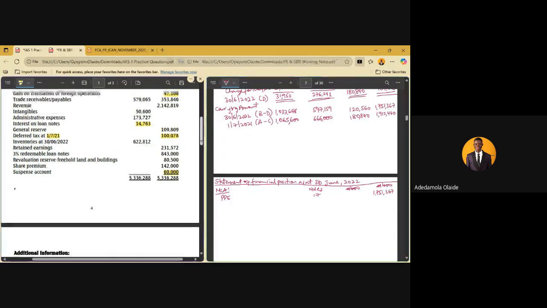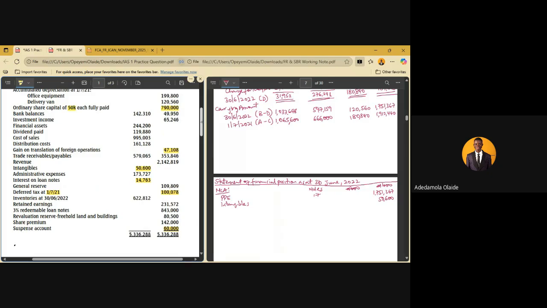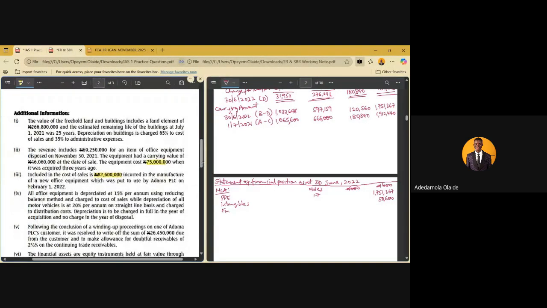Then after the PPE, what else do we have? We have intangibles. They did not give us any additional information, so we just go with the figure 5,600. Then after intangibles, what else do we have? We have financial assets. They told us something about it.